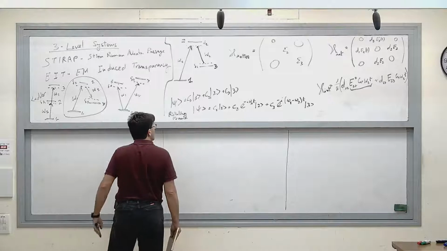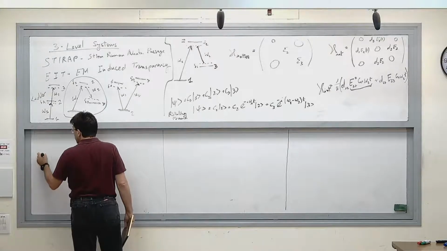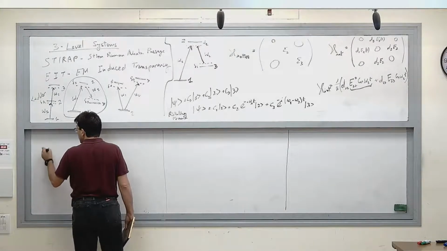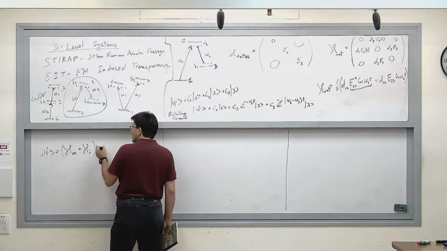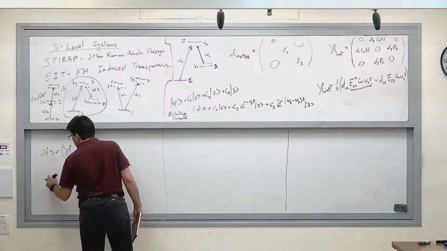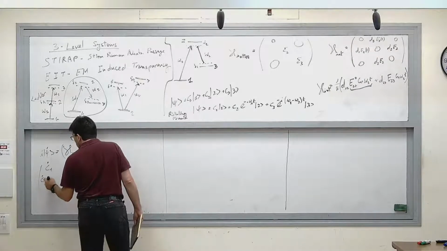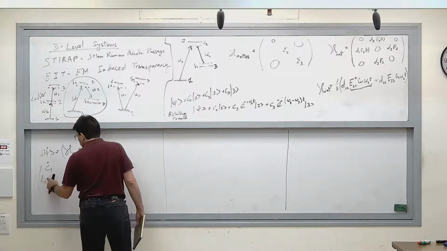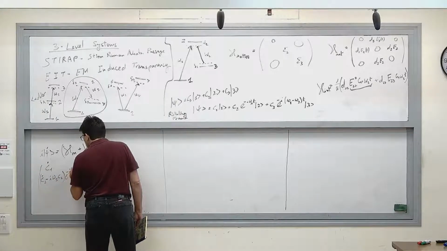So when I do that, eventually I'll have to write psi dot equals H matter plus H interaction times psi, which in other words will mean that we will have here C1 dot, C2 dot minus i omega 1 C2, all times e to the minus i omega 1 t.